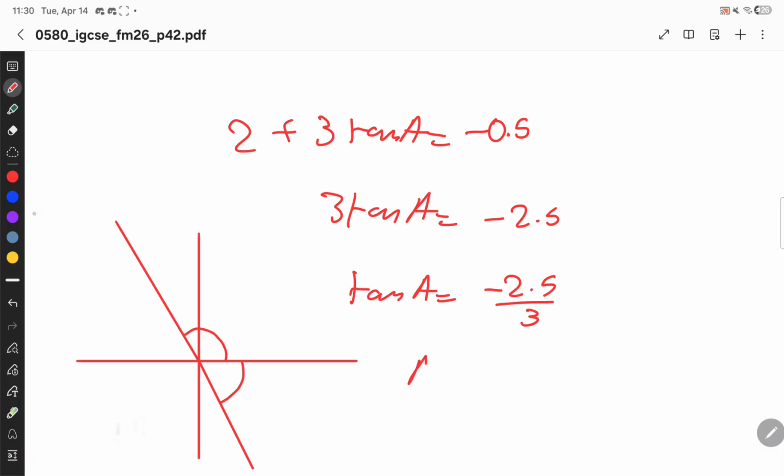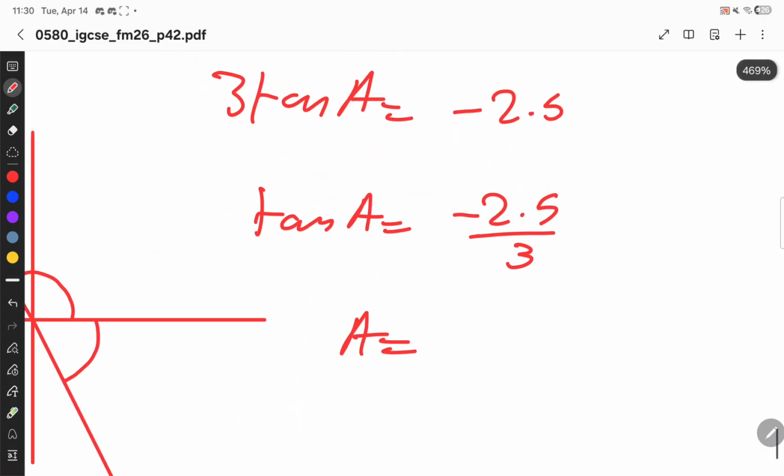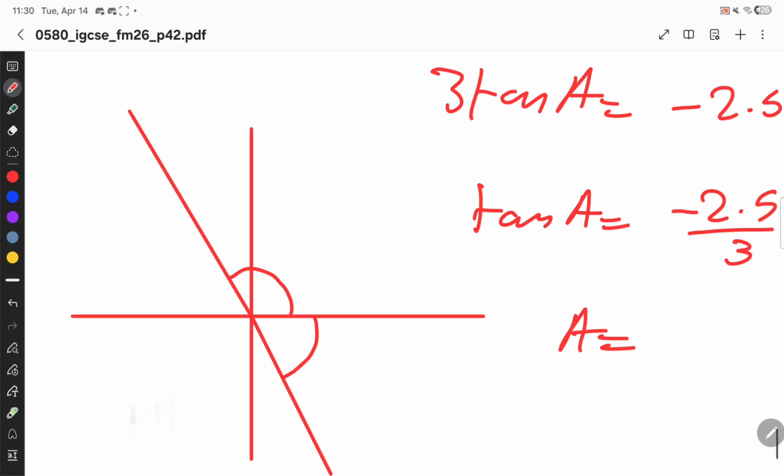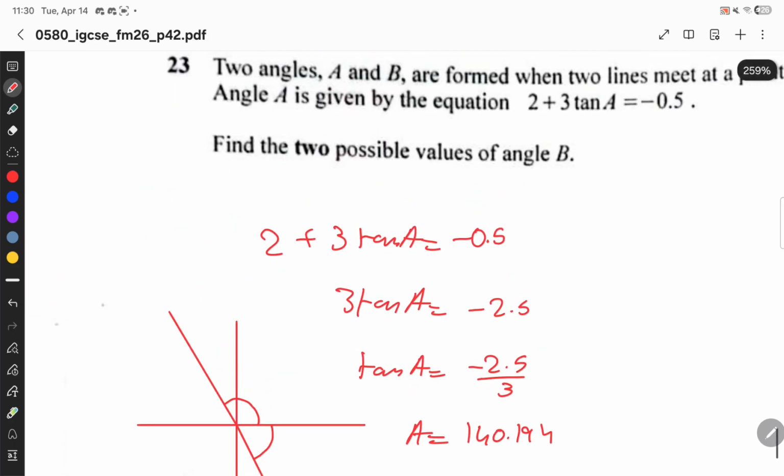This gives us A equal to a negative value. So we just add 180 to it. 180 plus this is equal to 140.9194 something.